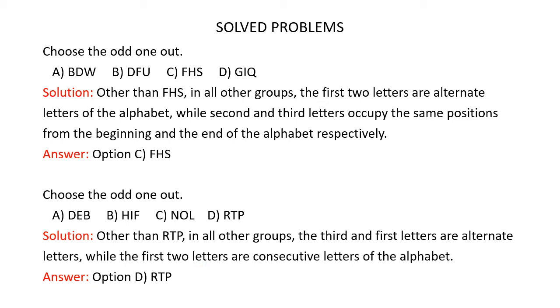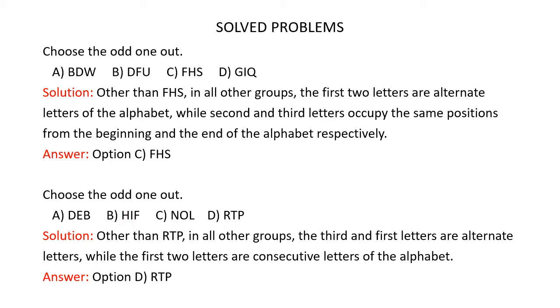That is, in option A, B and D are alternate letters, and D and E are consecutive letters. Similarly, in option B, F and H are alternate letters and H and I are consecutive letters.